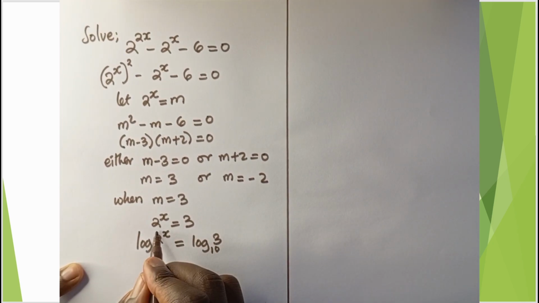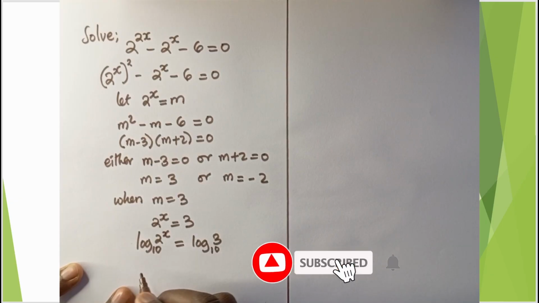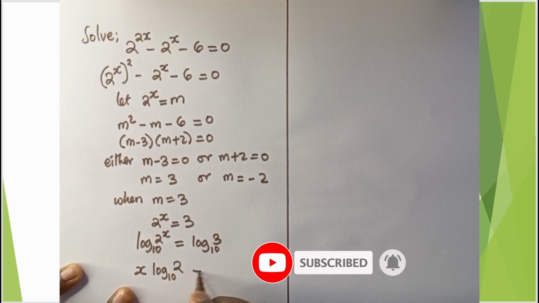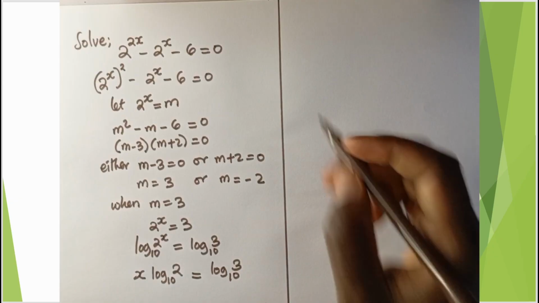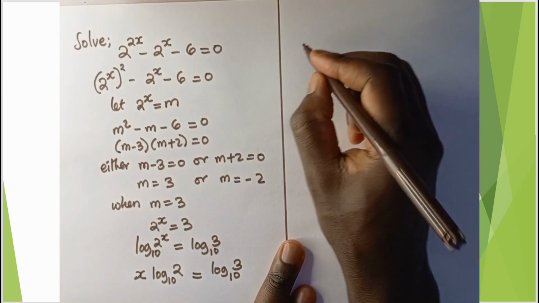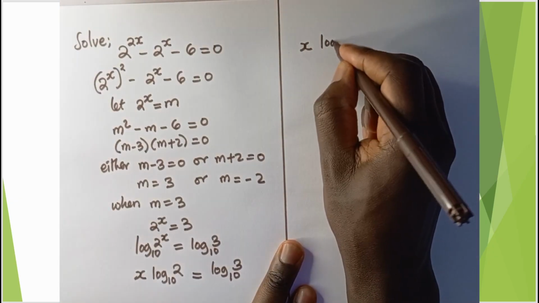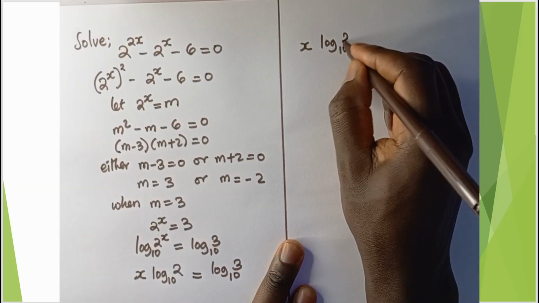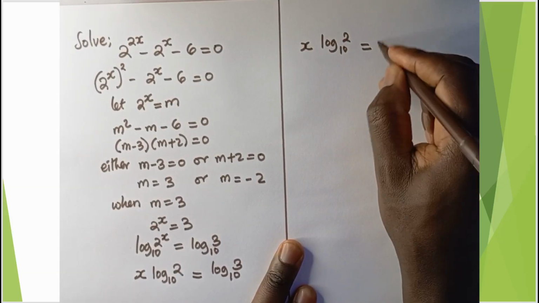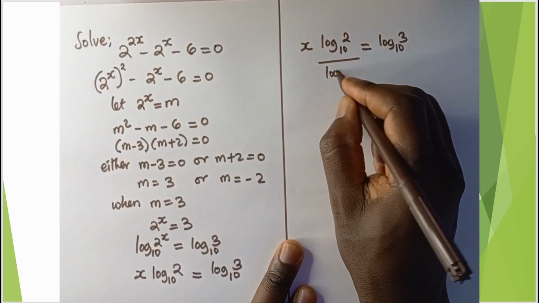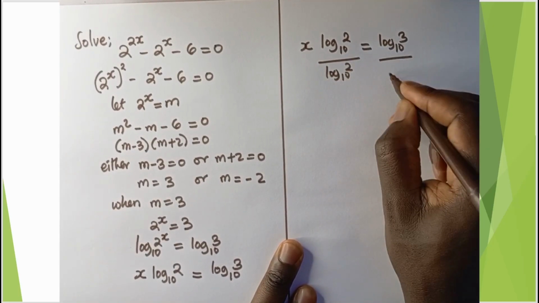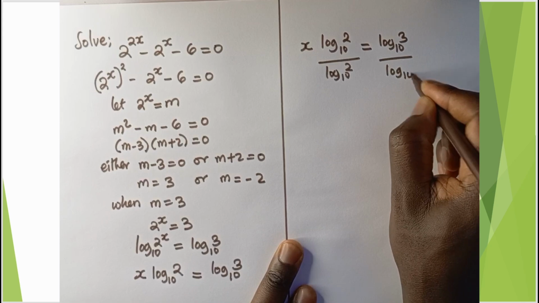Now, the power drops, so we have x log base 10 of 2 is equal to log base 10 of 3. So I can go ahead and divide throughout by log base 10 of 2.